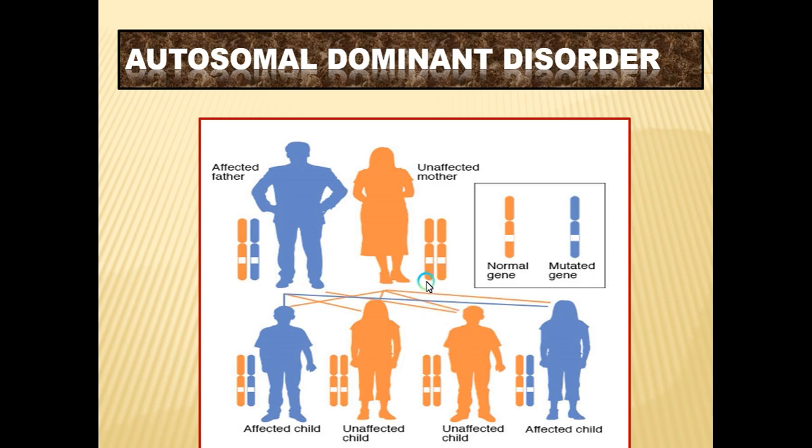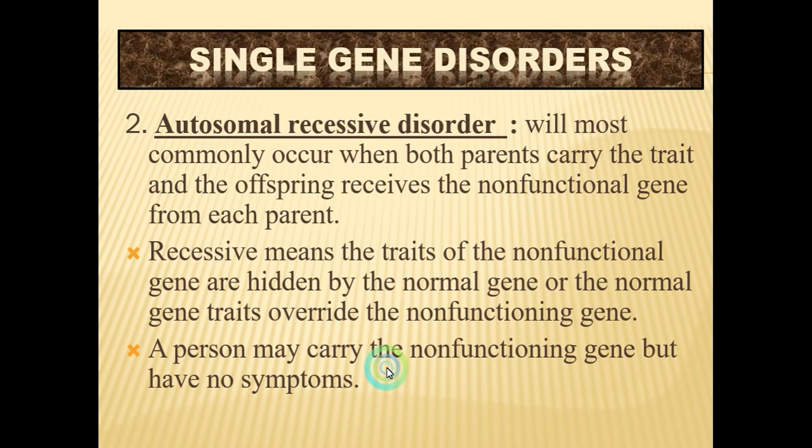When it is combined with one normal and one affected, we have already studied that even if one parent has the non-functional gene, it will override the functional gene. Out of 4 children, 2 have chances of being affected, so there is a 50% chance.